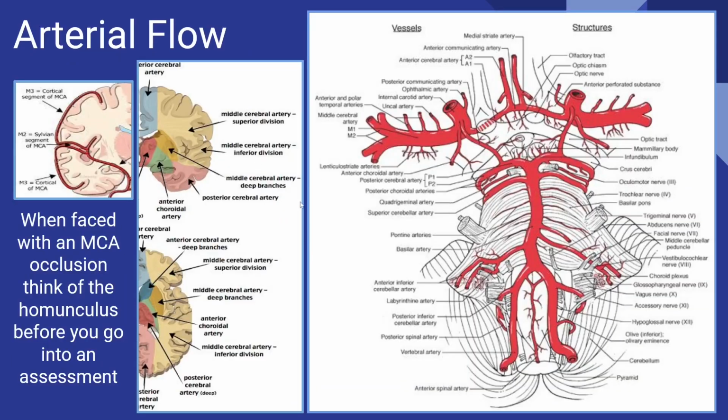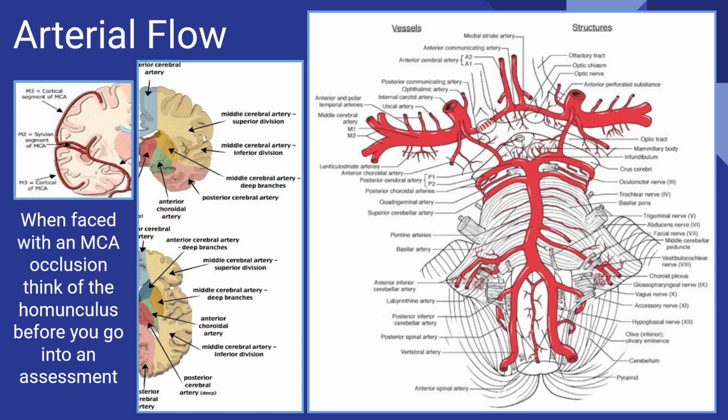So this arterial flow is going to come up from the carotids and split off into the main artery we're looking at with strokes, and that's the middle cerebral artery, the MCA. You've probably seen this when a patient comes in with a stroke and the neurosurgeon or neurologist will name the stroke as MCA1, MCA2.